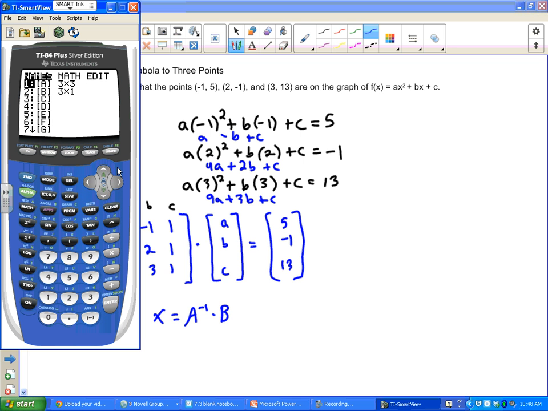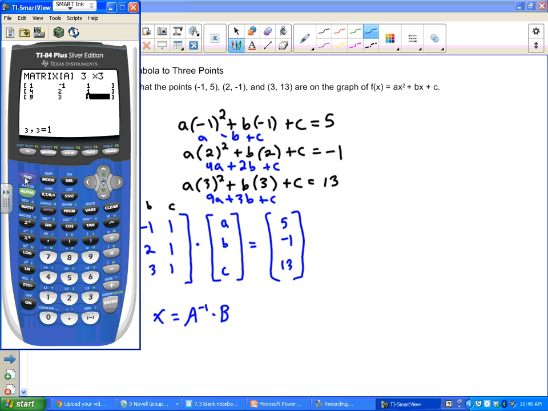Second matrix, we're going to go over to edit, and I'm just going to use the matrix I used a second ago. It's still 3 by 3. And then 1, -1, 1, 4, 2, 1, 9, 3, 1.